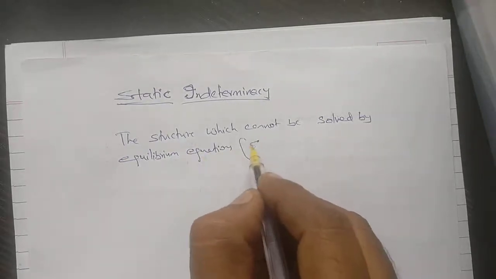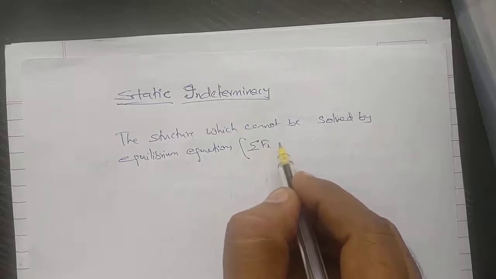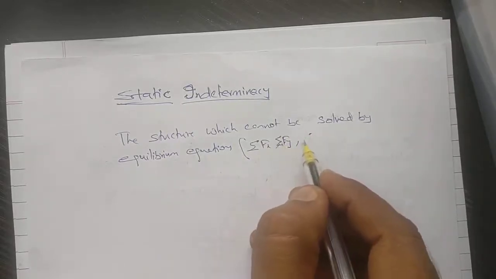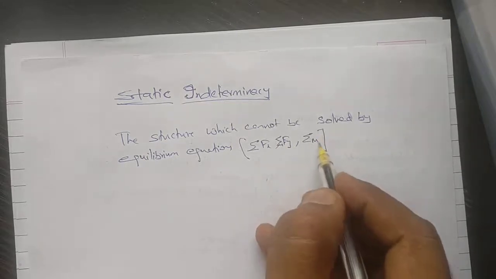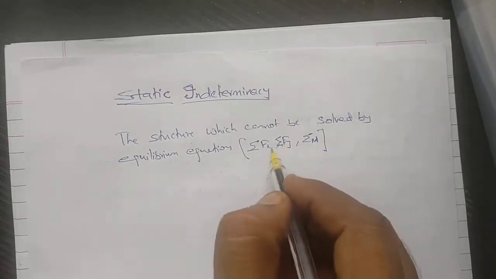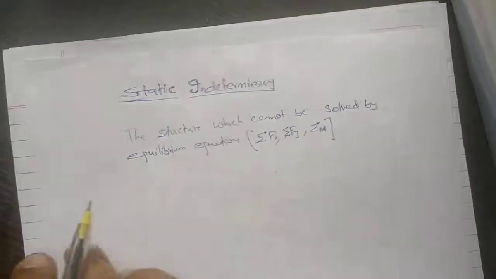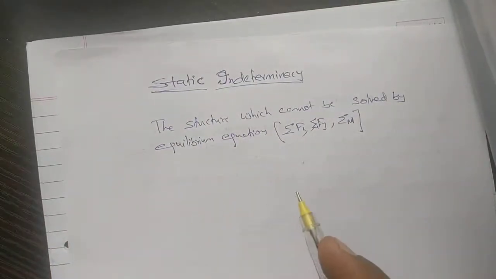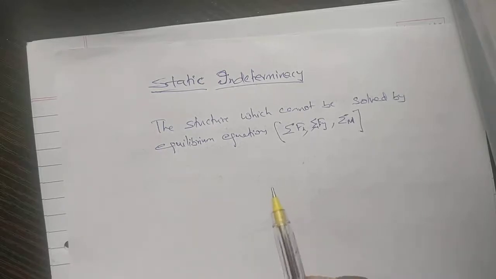What are equilibrium equations? Sigma Fx, sigma Fy and sigma M. Using these three equations we cannot solve it, so we need additional equations based on compatibility.